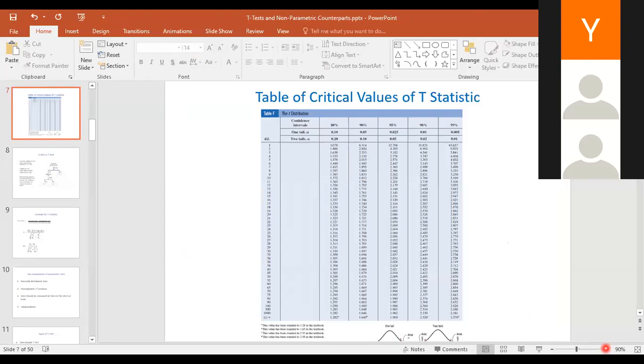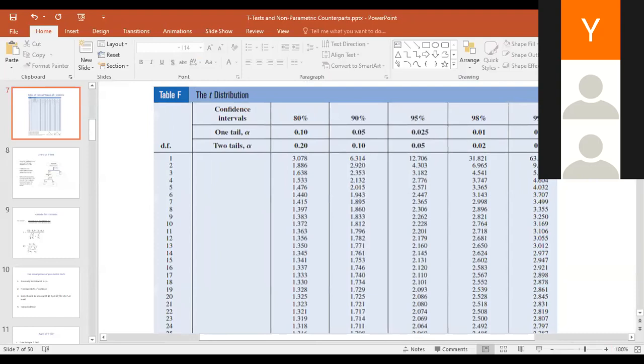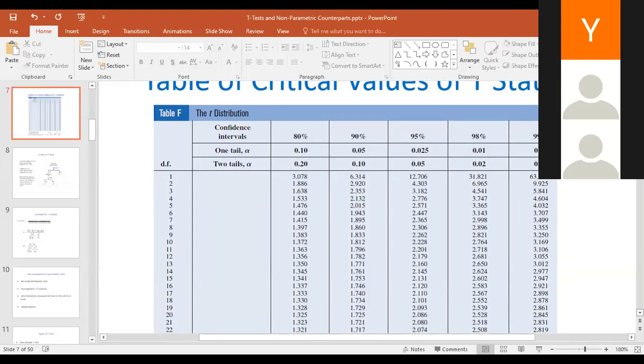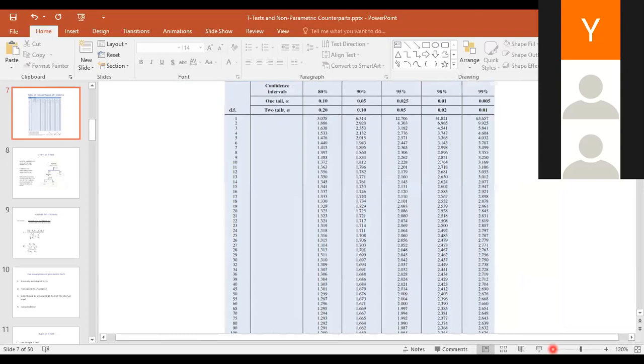Let me zoom it. Look at it under this third, the middle row. Can you see the degree of freedom of 8 is 2.306? The critical value is 2.306, and what we calculated is 4 point something. So you know that it's greater than the critical value. So it will be statistically significant.